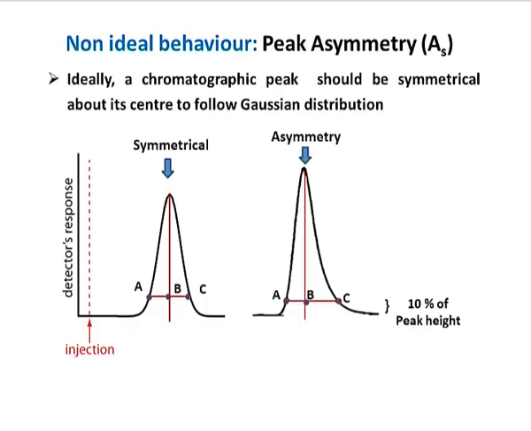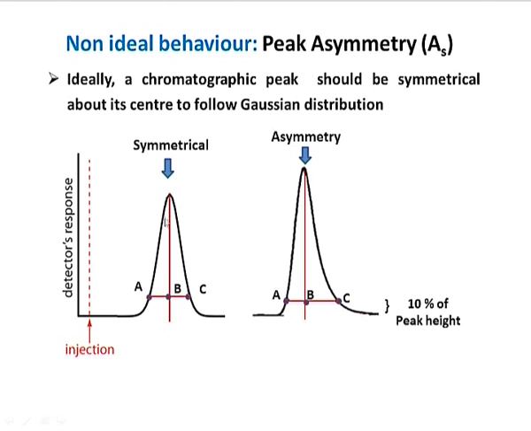At this point, it is important for us to also describe asymmetric peaks and see how they are different from the normal Gaussian peaks. Ideally, a chromatographic peak should be symmetric about its center and should follow a Gaussian distribution, as you could see in this image here. How would you note that your peak is symmetric? It is easy.